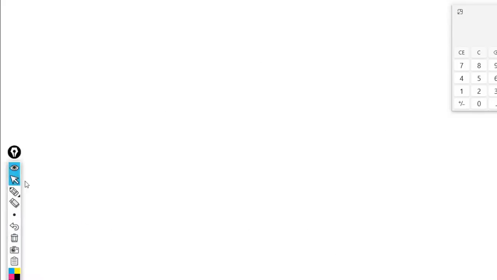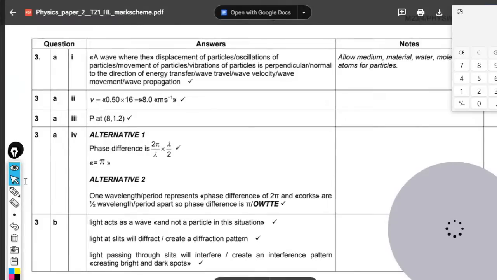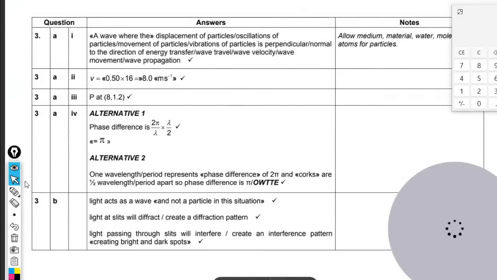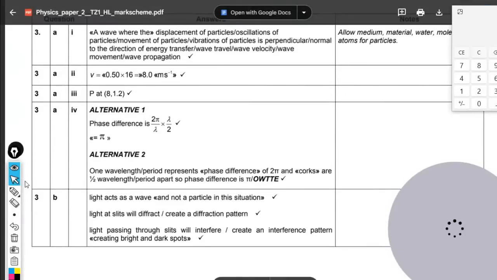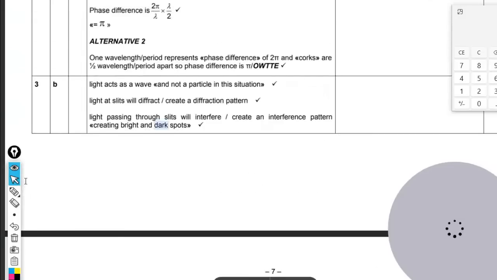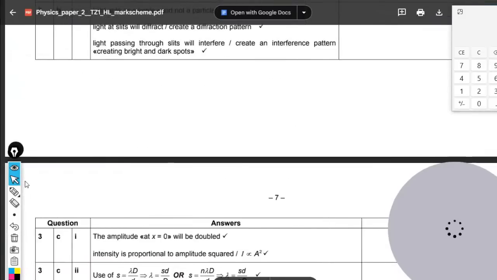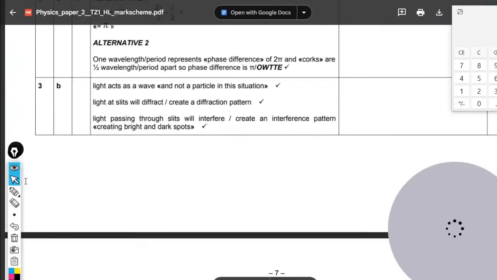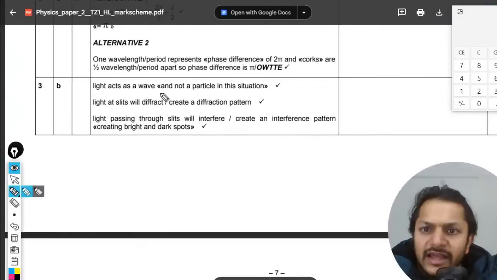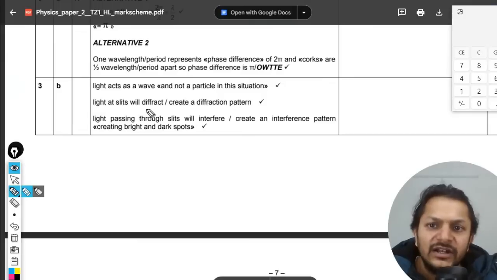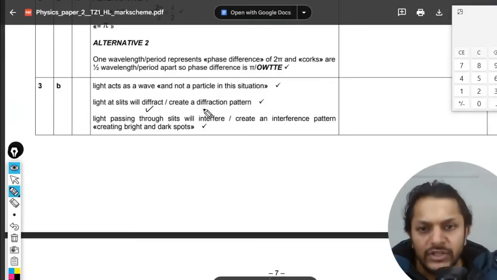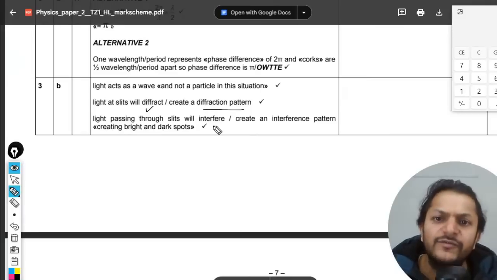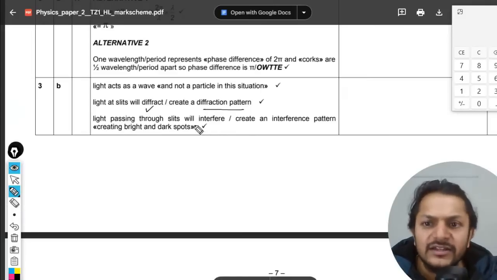Anyways, let's see what is the answer given here. So this is 3B. Light acts as a wave and not a particle in this situation. Light at slits will diffract, they are calling it a diffraction pattern, but if you talk about interference, even that is not wrong.